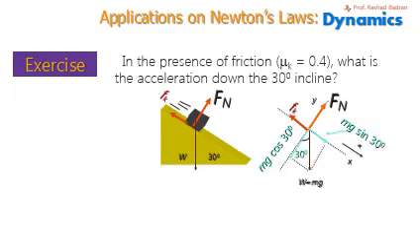Now, unlike the previous case, we're going to use a rough incline instead of a smooth one. And we're going to find again the acceleration of the object while it's moving down the 30 degrees incline. Well, to do that, we need to assign the forces acting on the block as it's moving down.